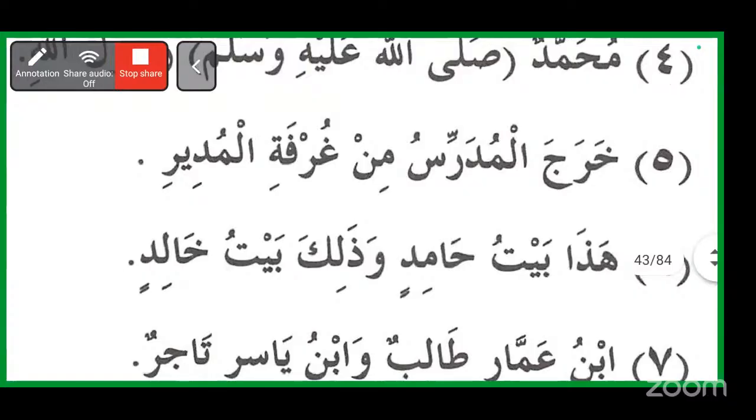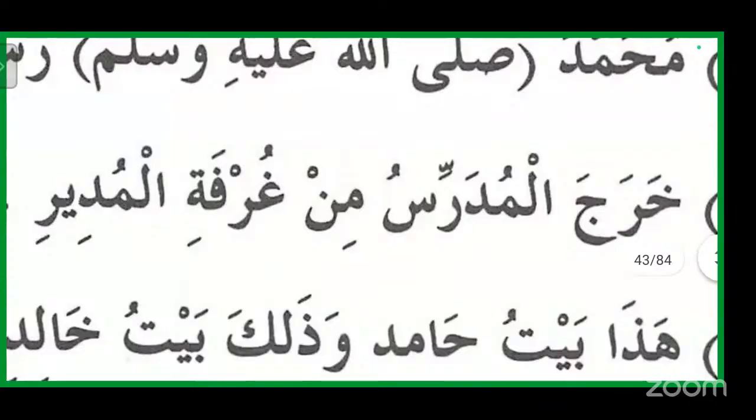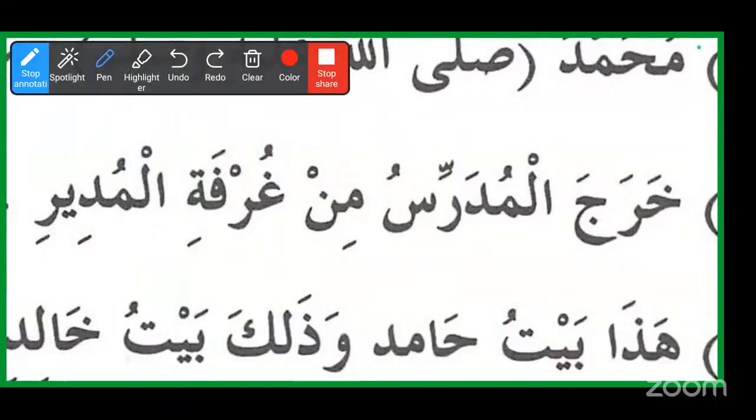In the case of a nominal sentence, a sentence beginning with a noun, we say that Muhammadun is the mubtada and Rasulullah is the khabar. But what when a sentence begins with a fi'l, with a verb? Kharaja is a verb, it's not a noun. Now we make a new composition which is called fi'l plus fa'il.